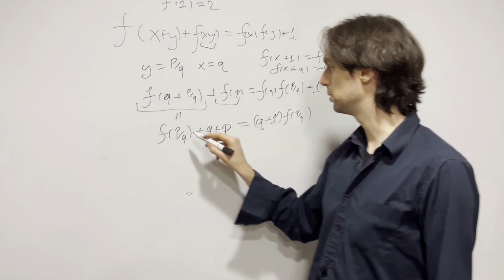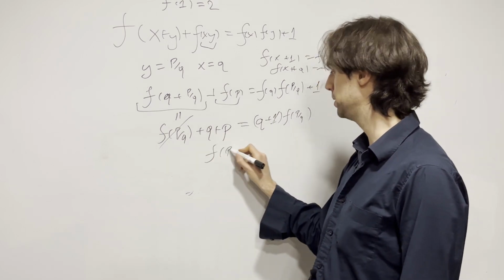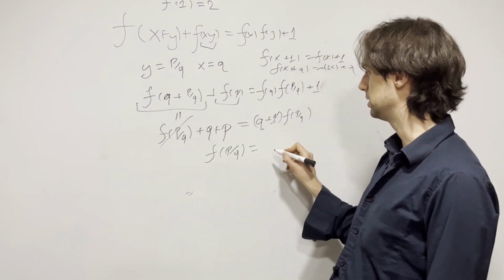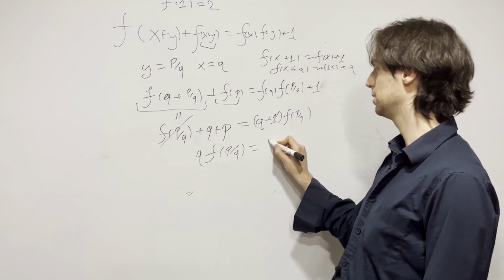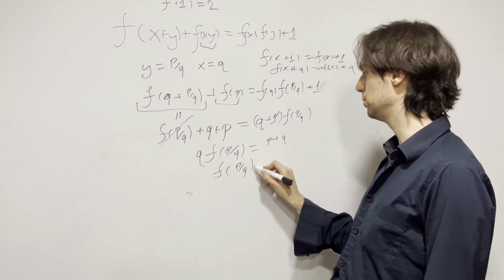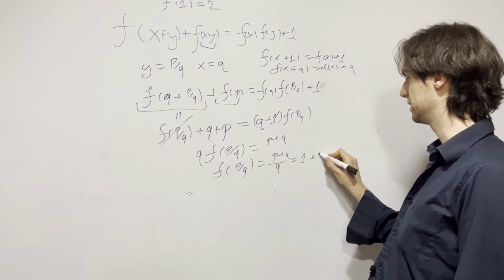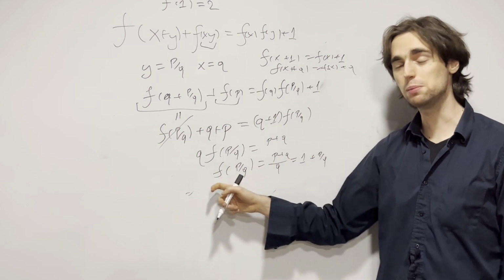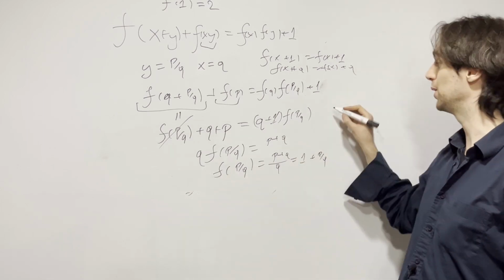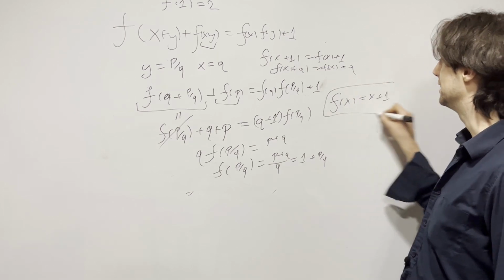Now the 1 cancels out, and we get f of p over q times q is p plus q, and then f of p over q is p plus q over q, which is 1 plus p over q, which means that for the rationals we also have f of x is x plus 1 needs to hold true.